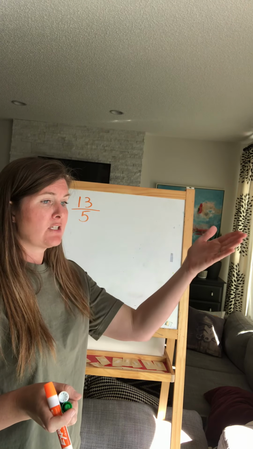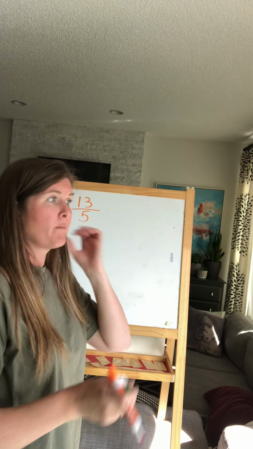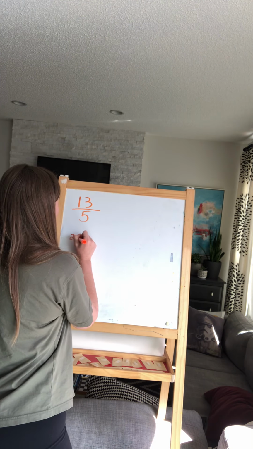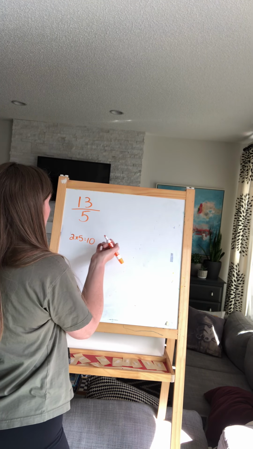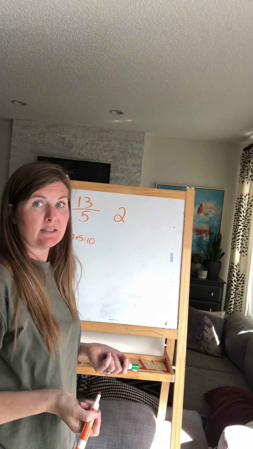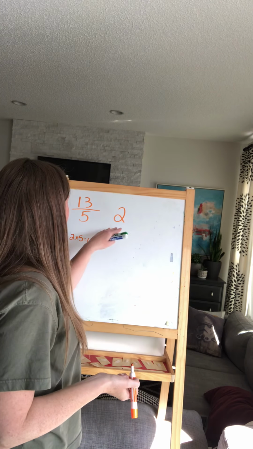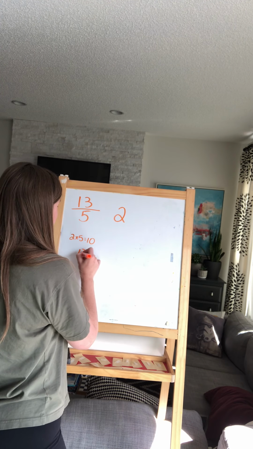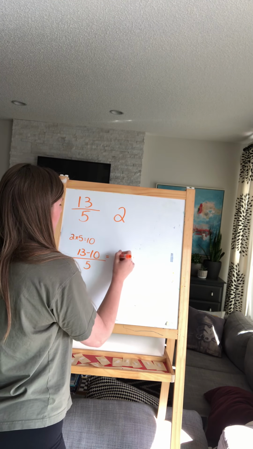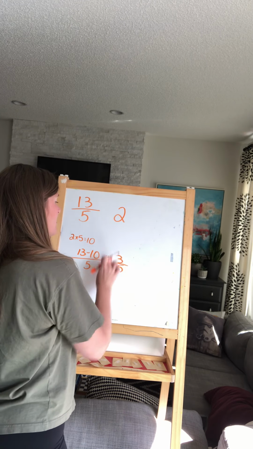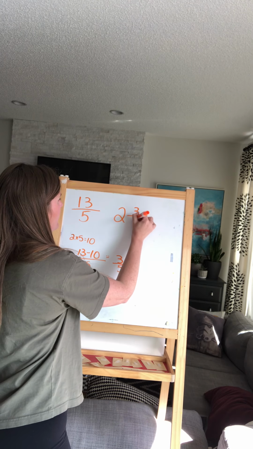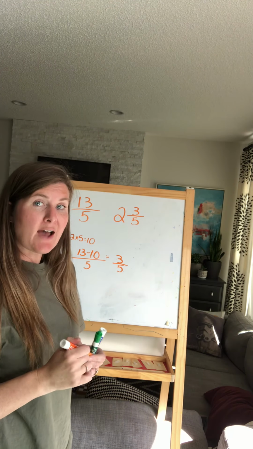Think about division as the opposite of multiplication, so I can skip count to get it, or maybe it is easier for you, but try to use your mental math strategies. I know that 2 times 5 equals 10, so I can make 2 whole groups of 5. That gives me 3 left over, so 13 minus 10 will equal 3 over 5. So this represents the part. I've got 2 wholes and a part left over. So that one is using division.